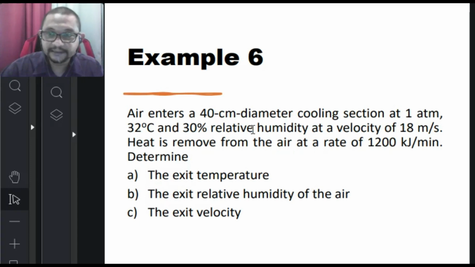So using these two properties, the dry bulb temperature and the relative humidity, look on the psychrometric chart to find the exit temperature, exit relative humidity, and also the exit velocity.